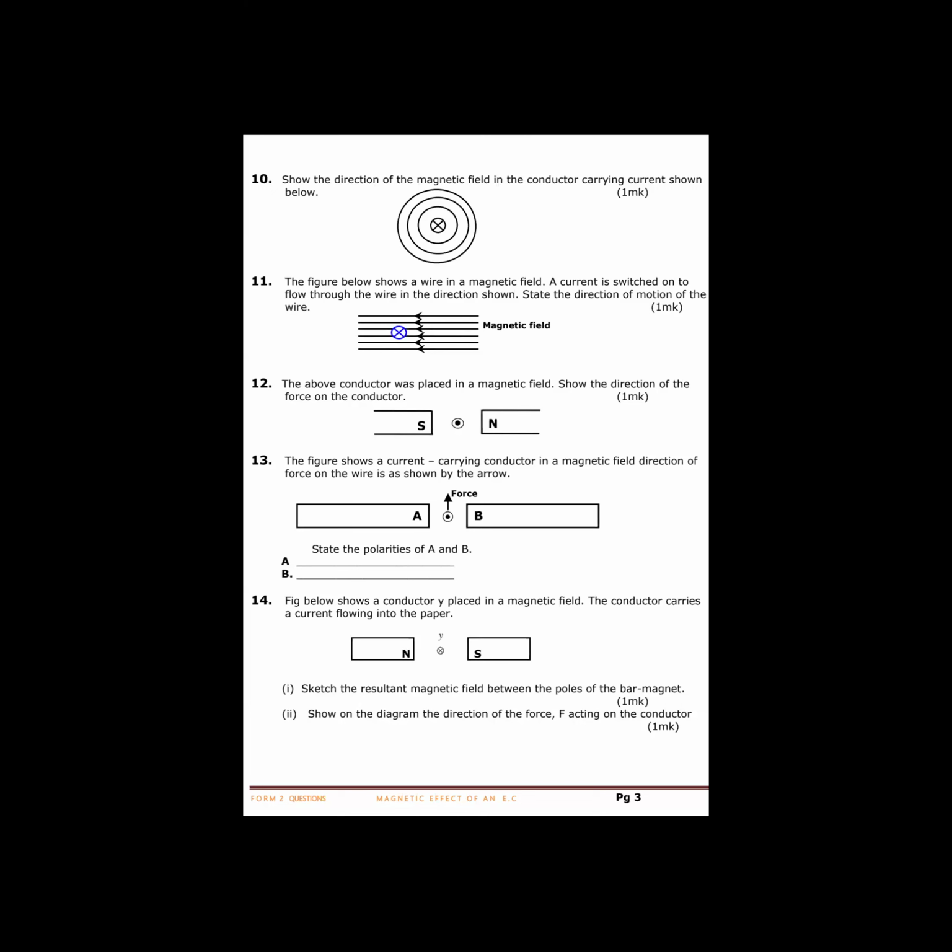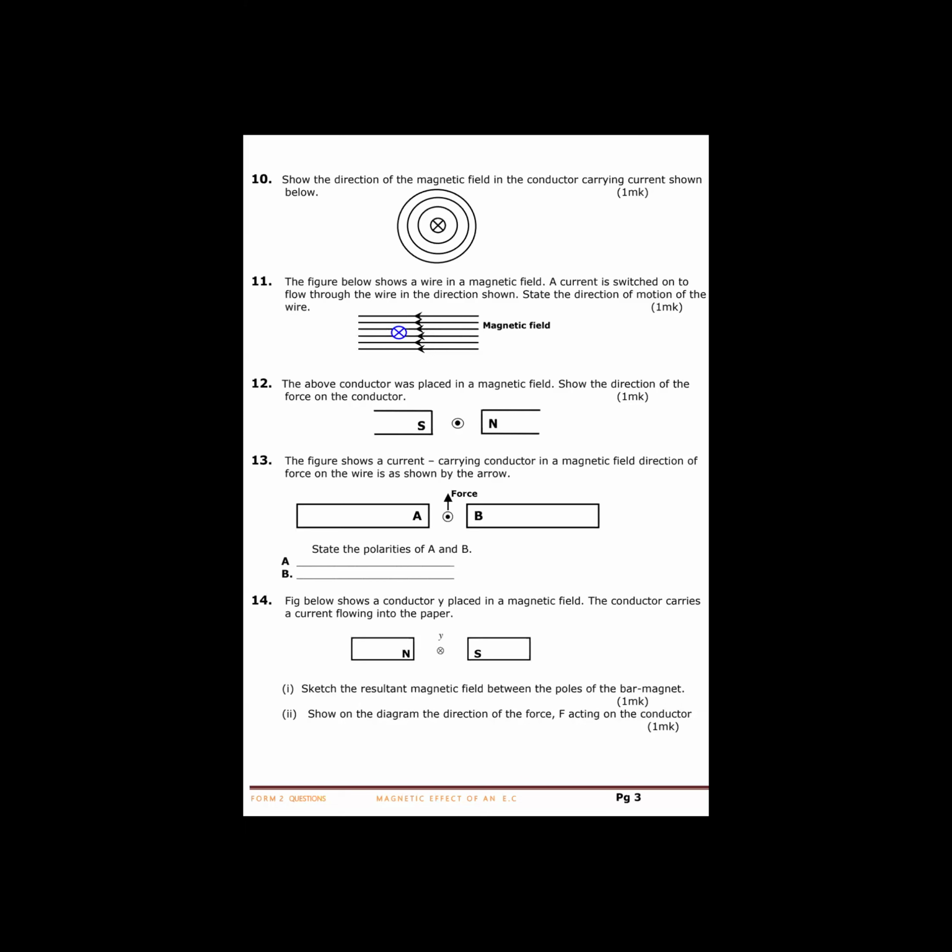So we know the representation of X is that this is current down. We have already been given the north pole and south pole, that means the direction of magnetic field is given. The first finger will be pointing towards.